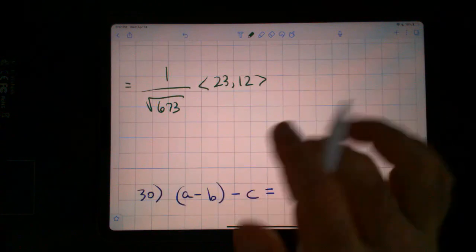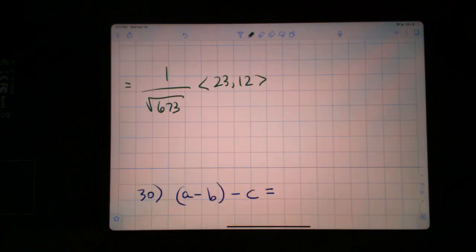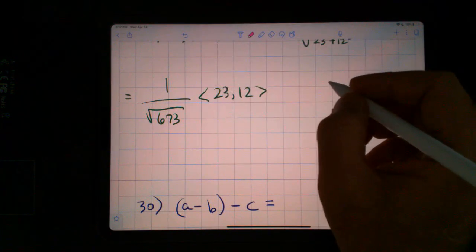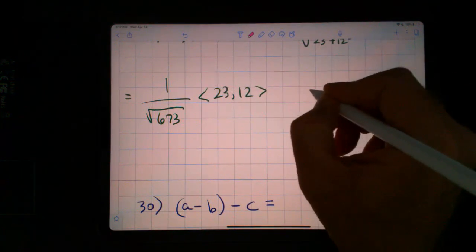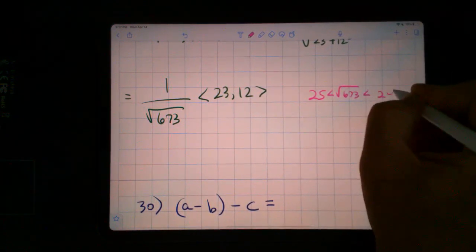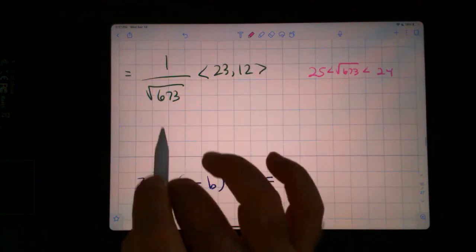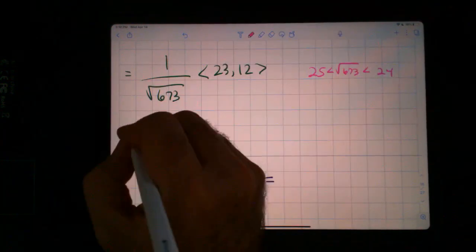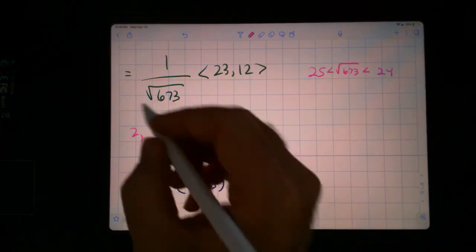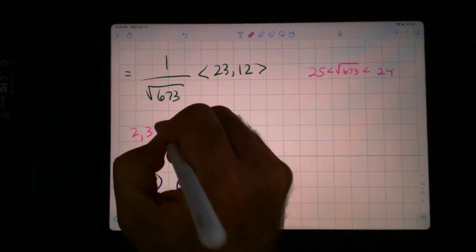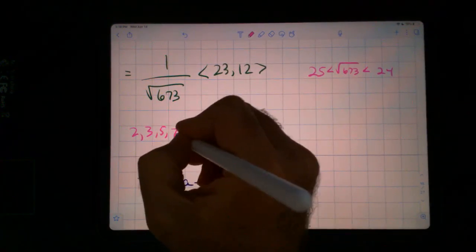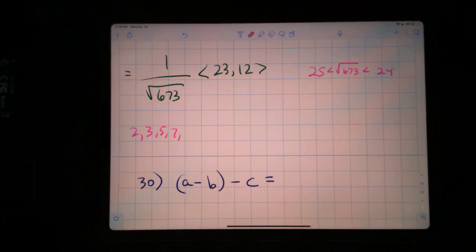Interesting. Is 673 prime? So does 2 divide into it? No. Does 3? No. 5 does not. Does 7? No. 11?